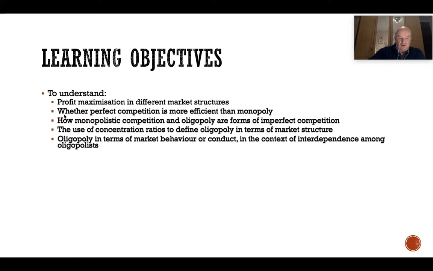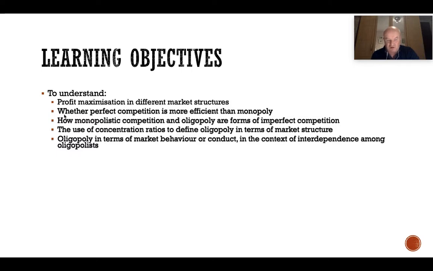We're then going to look at oligopolies in some more detail in terms of market behavior and conduct in the context of the interdependence between oligopolies. Now, an oligopolistic market is where you've got a few very big players, probably 4 or 5 big competitors, but there are a number of other smaller competitors too.